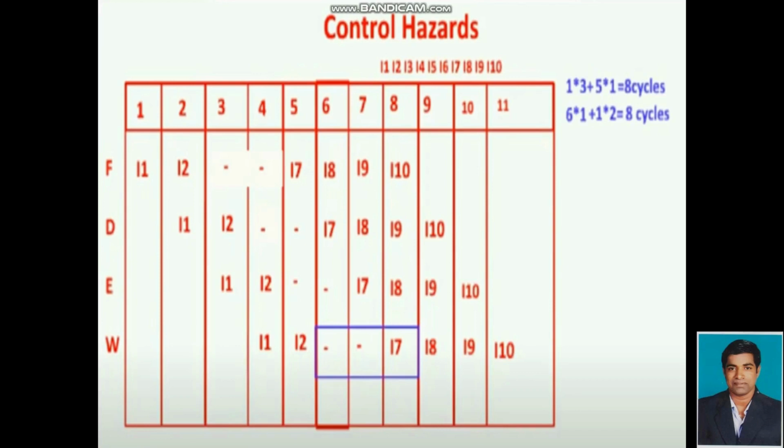Then similarly in the decode stage, in the second cycle the first instruction is decoded, and in the 3rd cycle we perform the second instruction decode, and in the 6th cycle we perform the 7th instruction decode. Similarly execution is also carried out in successive manner, but a delay of 2 cycles is incurred in each operation.